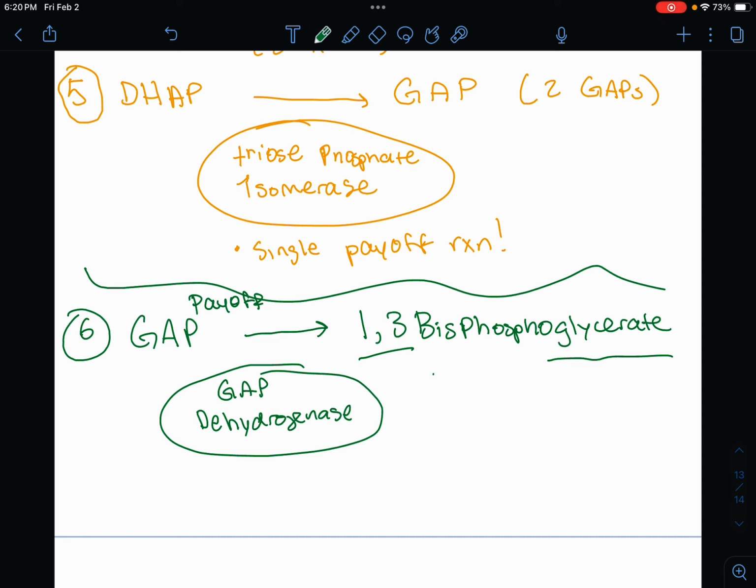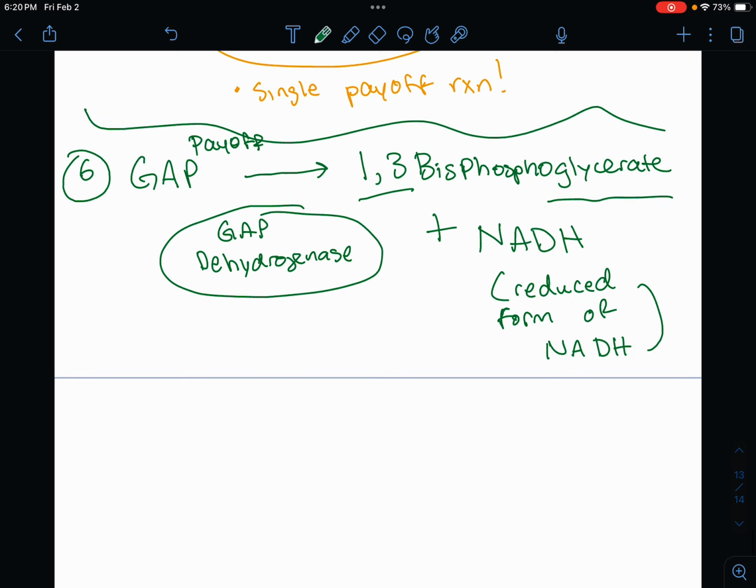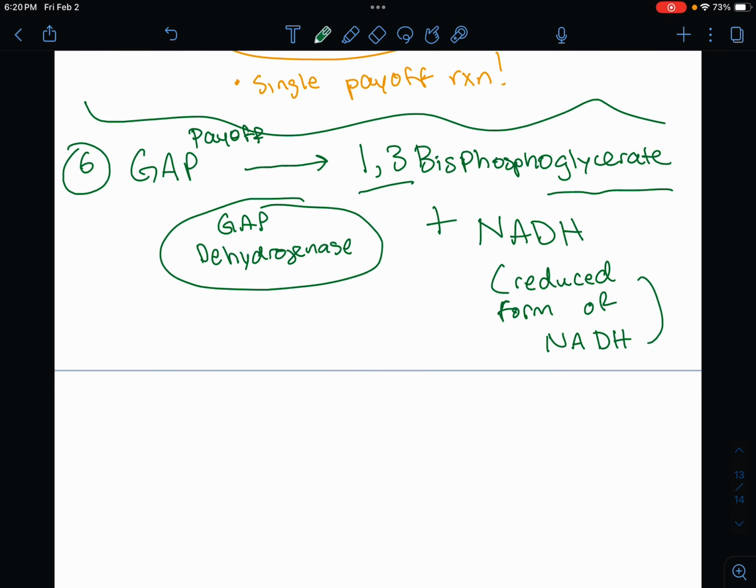And when we do that, we also get our NADH. This is the reduced form of NAD. That's going to be useful later on when we need this reducing power or an electron carrier, so that's a good thing we made that.